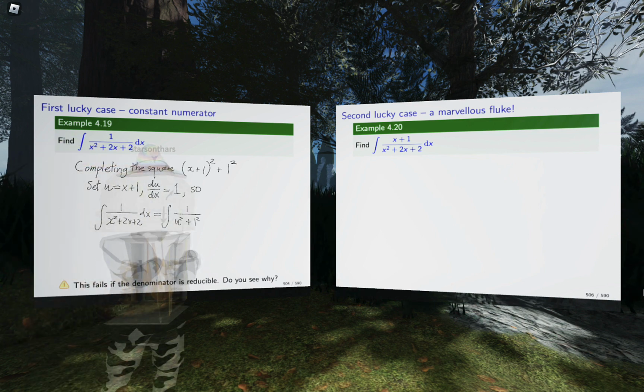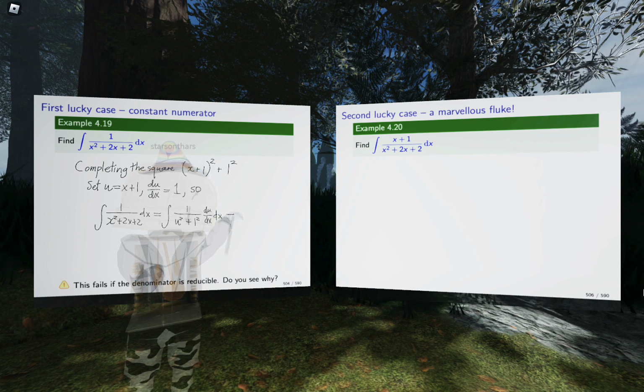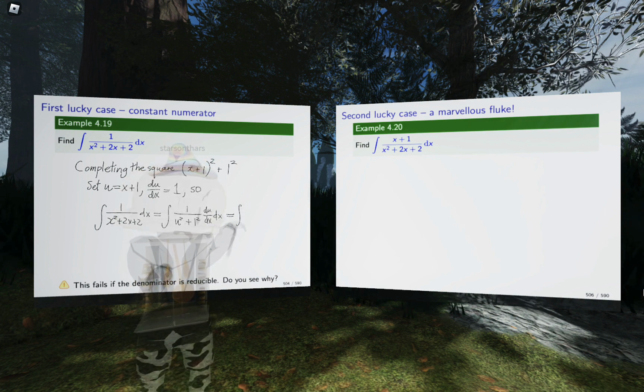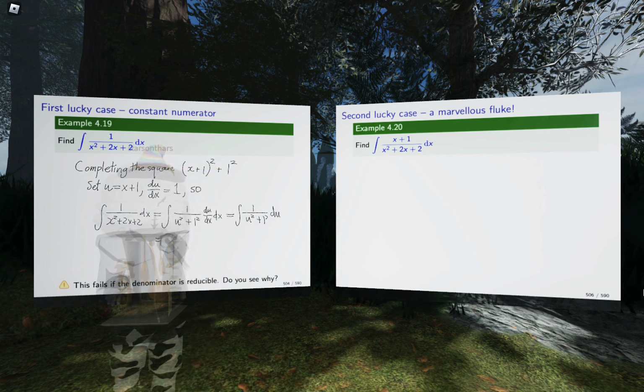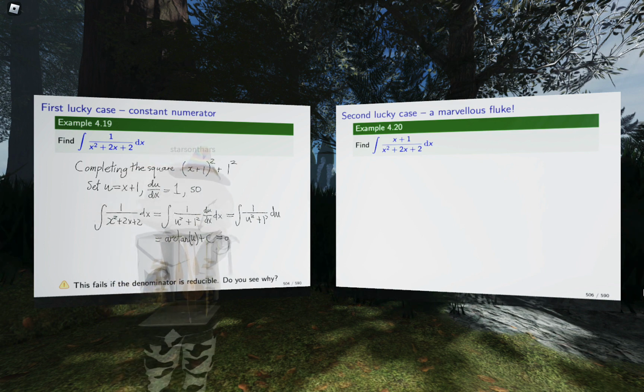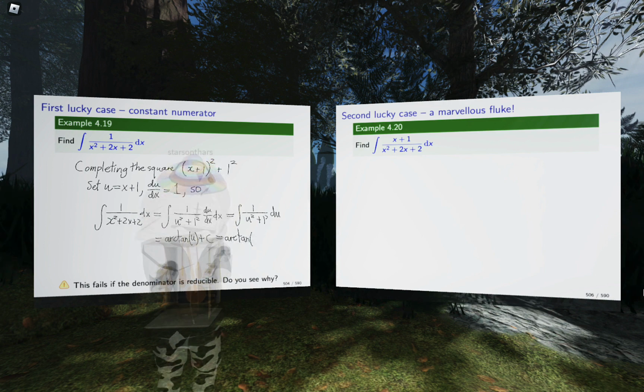It's a bit ridiculous, but I'm just trying to match the template. Times du dx, which is the integral by substitution of this, which is 1 over 1 arctan u. U was x plus 1.